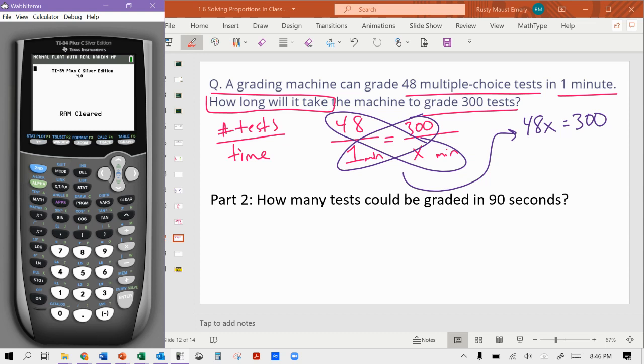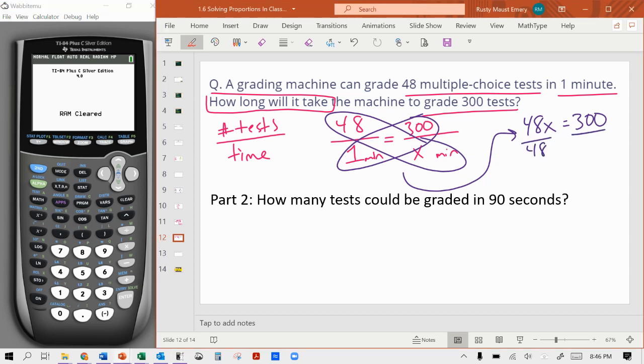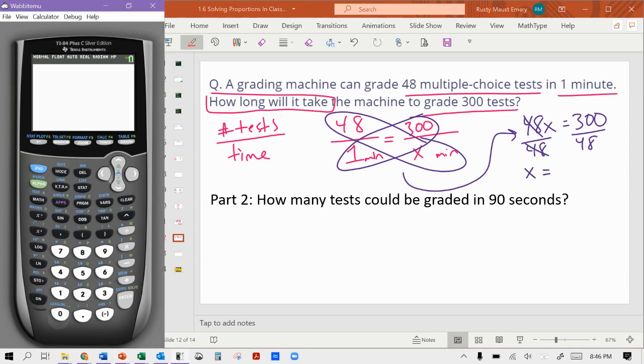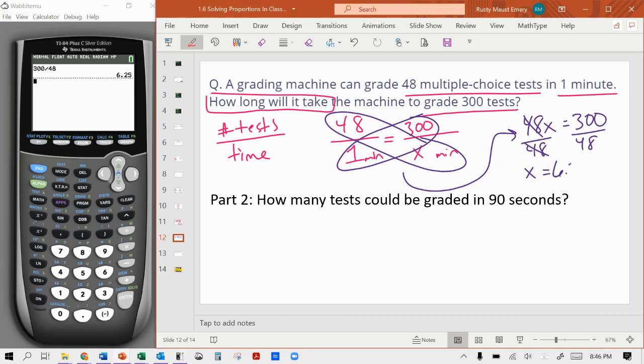Go ahead and we know we need to divide by 48. Divide by 48. We get x equals 300 divided by 48. 6.25. And again, if you forget what you just solved for, the x is minutes.